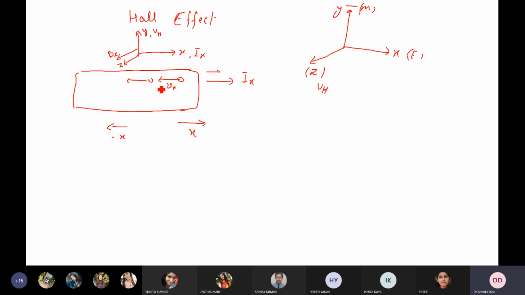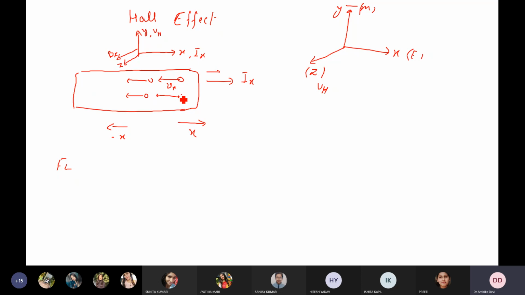Okay, now what happens when we apply a magnetic field to this specimen? Another force, which is known as the Lorentz force, will cause the electrons to bend downwards, right?